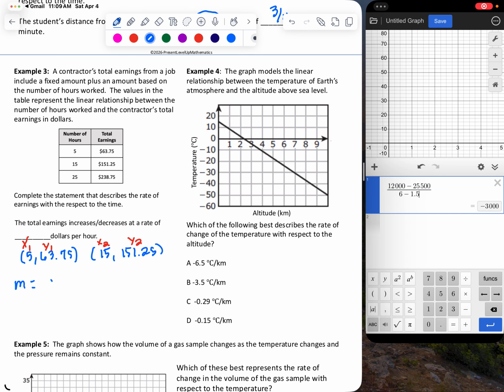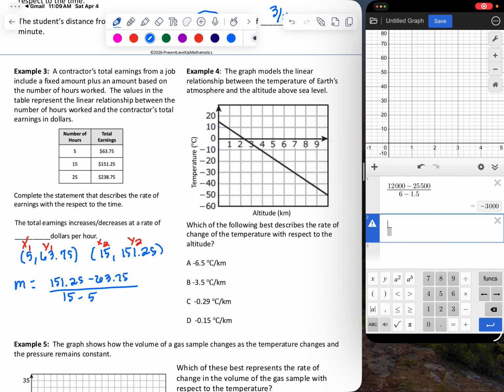So I said 151.25 minus 63.75 over 15 minus 5. And then I put that in my calculator, 151.25 minus 63.75 over 15 minus 5. Oh, goodness.